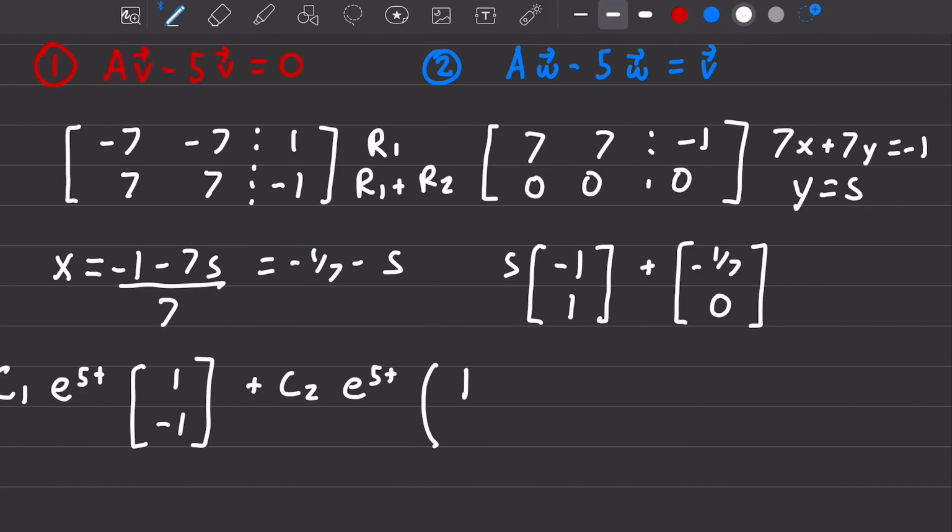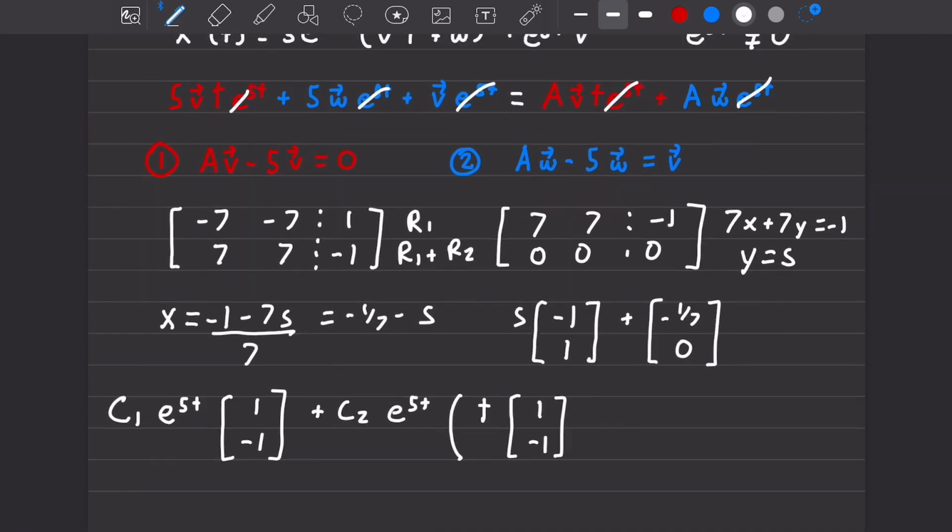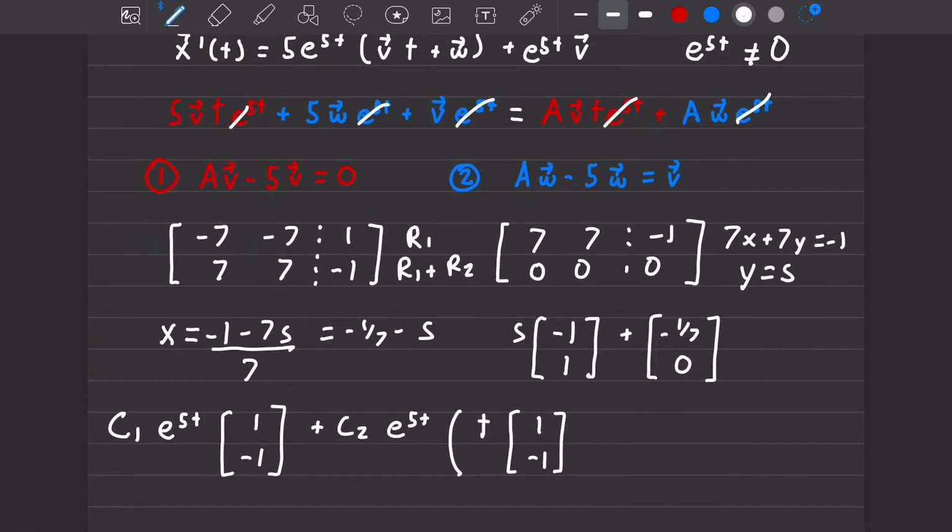So I'm going to say t over here, and then we have 1, -1. And then I'm going to add what we have over here. So we have this whole thing. I'm actually just going to copy and paste that. That'll probably save me some time.